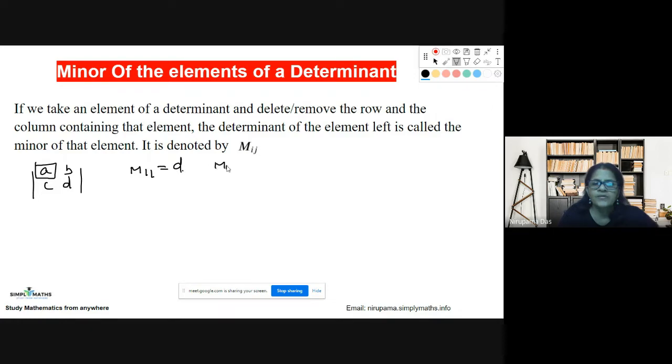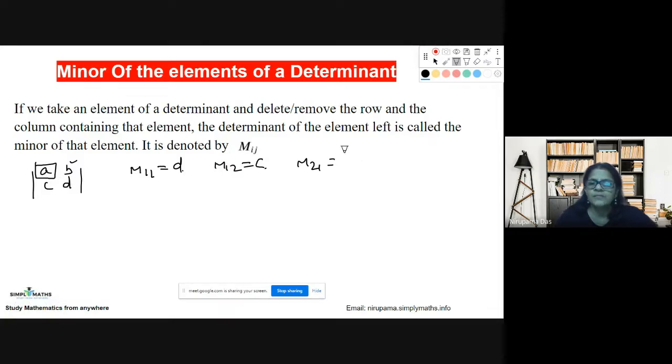M12 is the minor of the element of first row, second column. So first row, second column: the first row and this second column will not be taken. So we will be left with C. M21, second row, first column: suppress or delete or remove this.